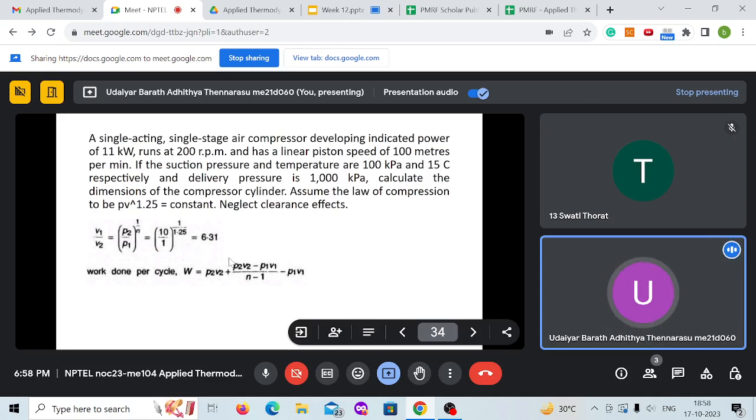It's just an expanded equation. If you multiply it, n into P1 V1, the minus 1 will get cancelled out, so it will be n P1 V1, and similarly n P2 V2. So it will be n, P2 V2 minus P1 V1, by n minus 1. The similar equation which we saw previously is just an expanded form.